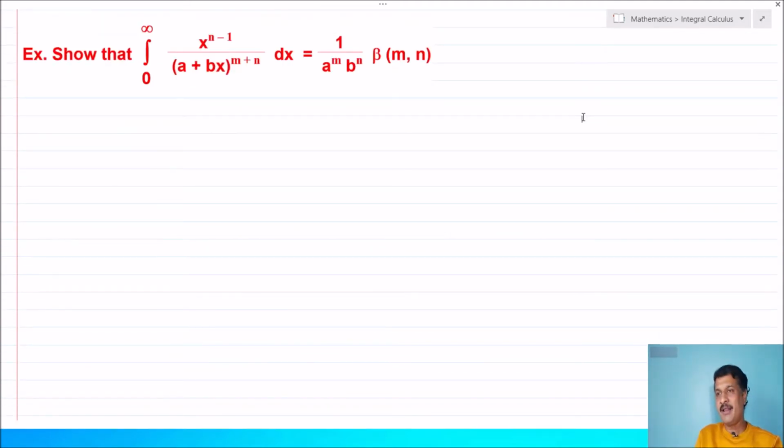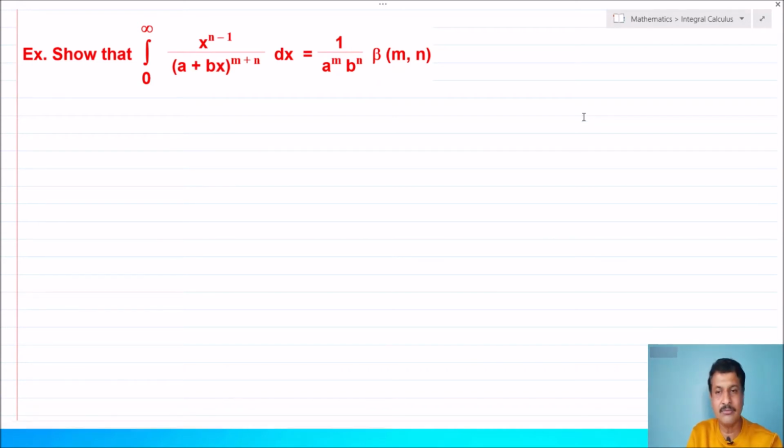So example: show that integration 0 to infinity x raised to n minus 1 upon (a plus b x) whole raised to m plus n dx equals 1 upon a raised to m b raised to n into beta of m, n. Can you relate the given thing to any one, either the definitions of beta and gamma or properties of beta and gamma? If yes, then this problem is very easy.